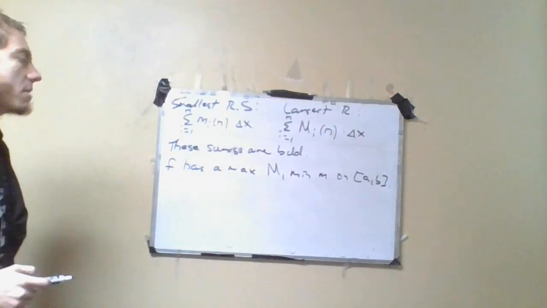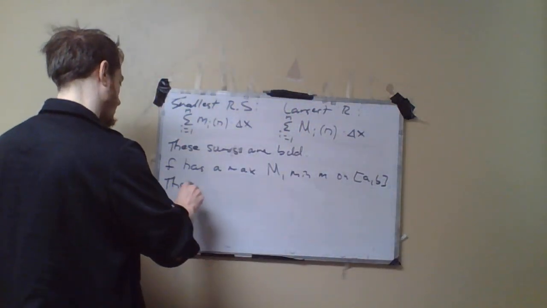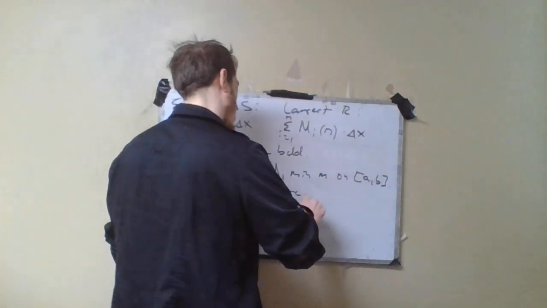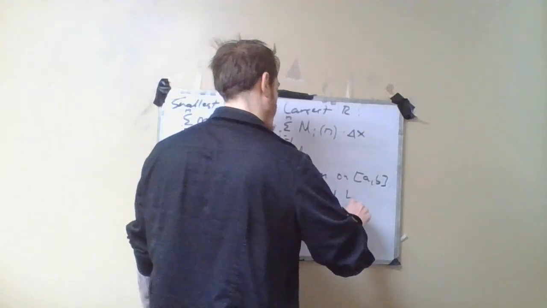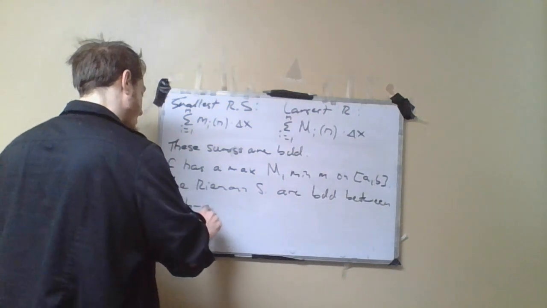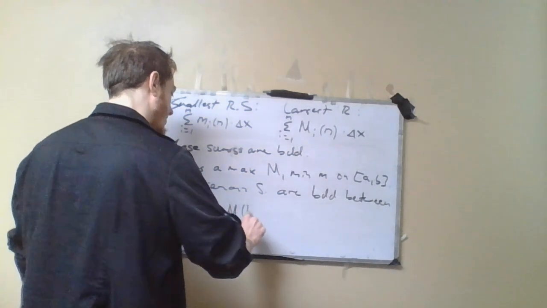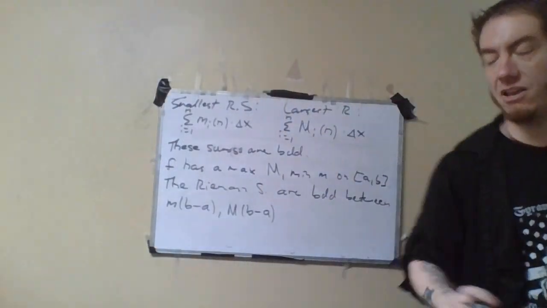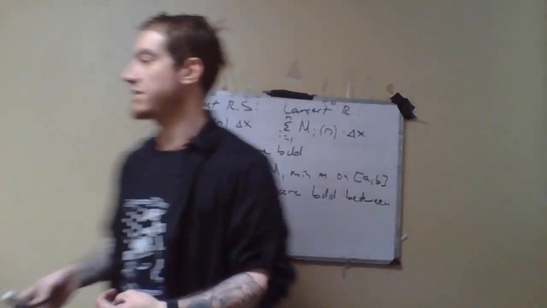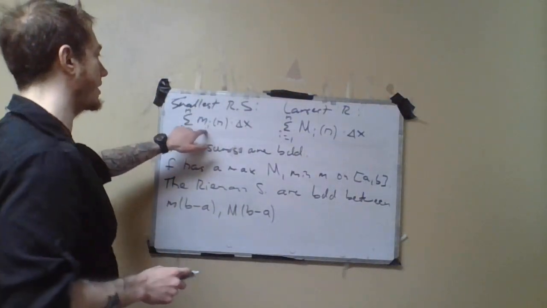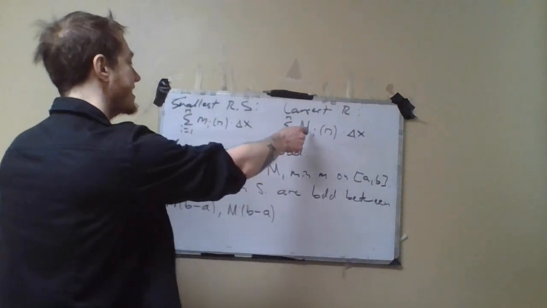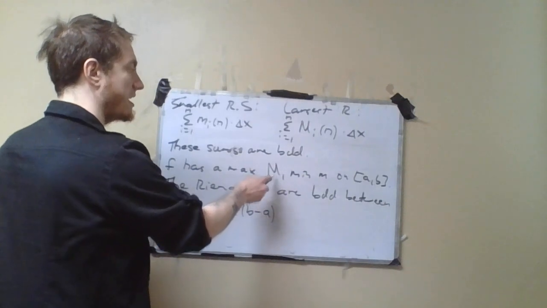And each one of these Riemann sums are going to be bounded between little m times b minus a and big M times b minus a. Why? Because, well, it's not too difficult to check. In fact, geometrically, it's sort of obvious. The point is that all of the little m_i are going to be bigger than or equal to little m. All of the big M_i are going to be less than or equal to the big M.